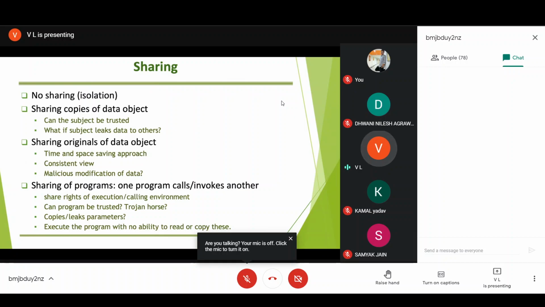Now the point is, in most systems, should we allow sharing between the processes or not? Well, if you do not provide sharing, then yes, there are some limitations which can occur. For example, in most of your smartphones, different apps interact with each other to make your handling of the system easier.